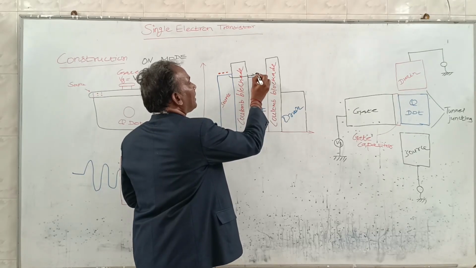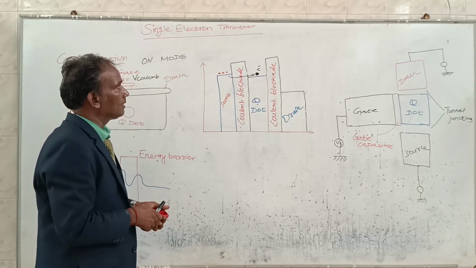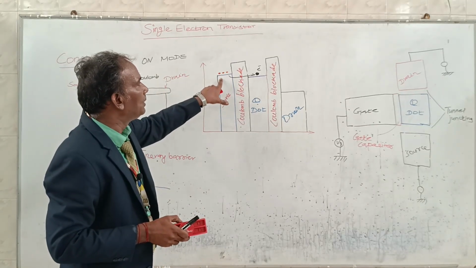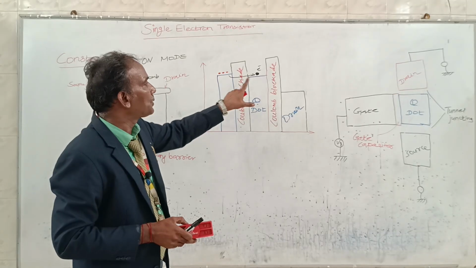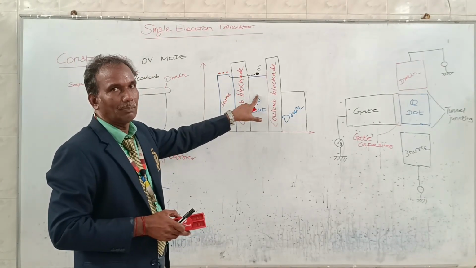So the electron is now able to move from source to quantum dot through the Coulomb blockade.